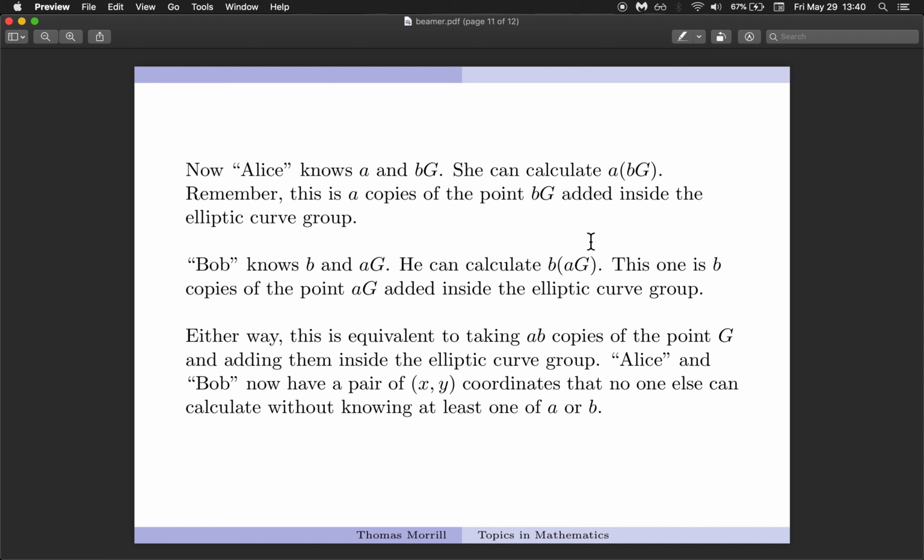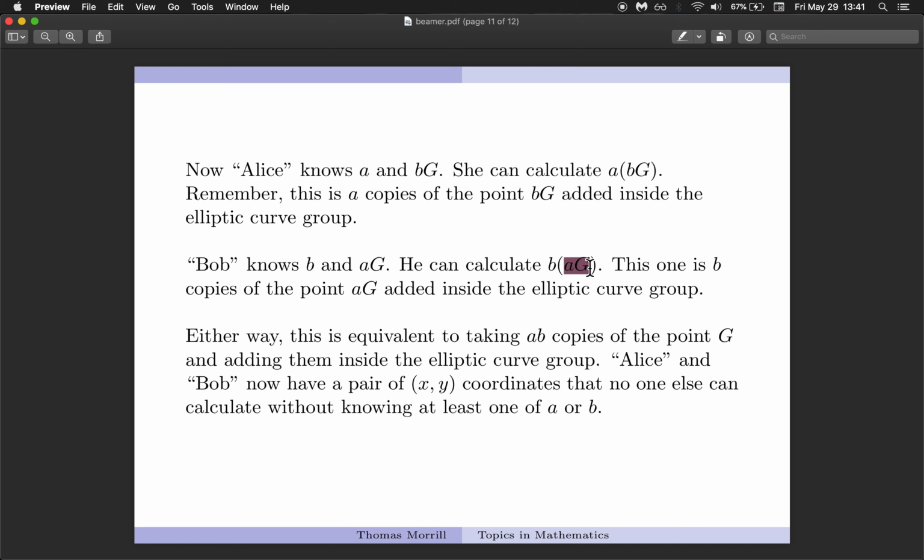They both get the same answer because A times B times G and B times A times G end up being the same thing in this group. So now both Alice and Bob have the same finishing X and Y coordinates.